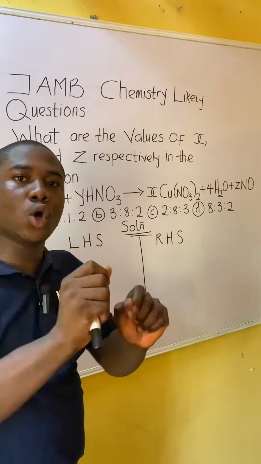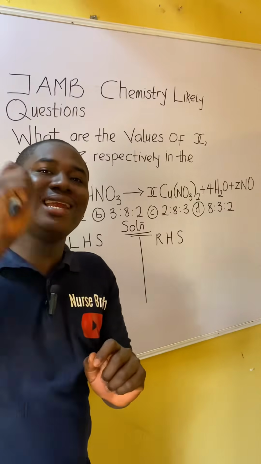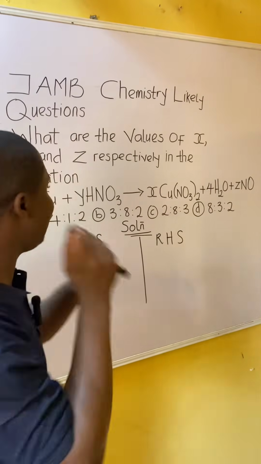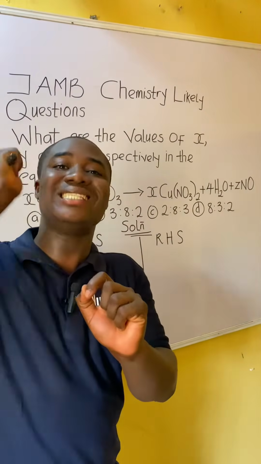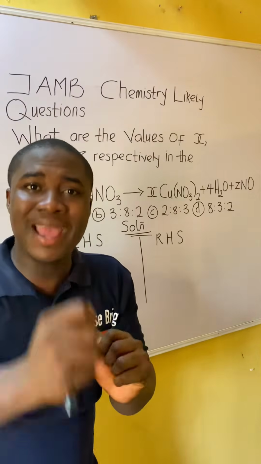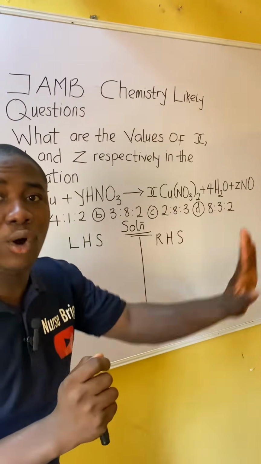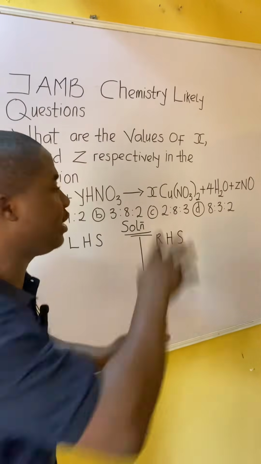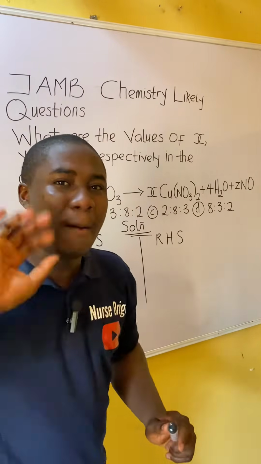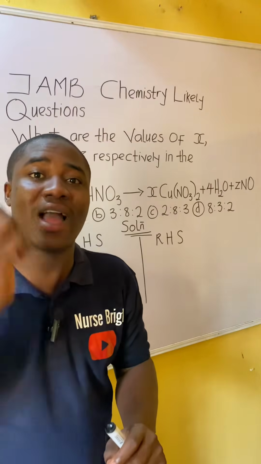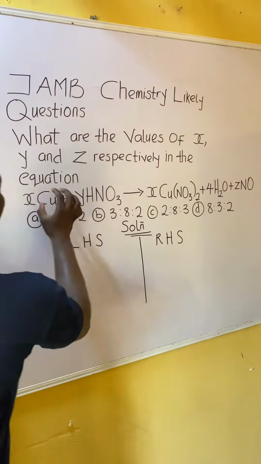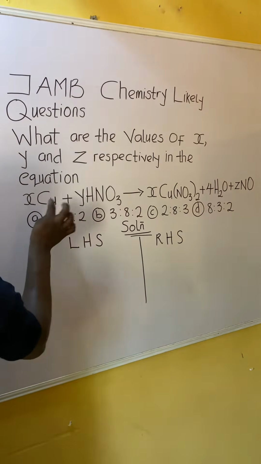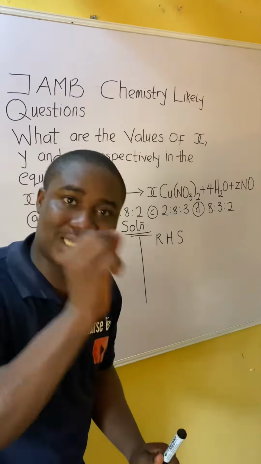Are you there? So moving further, the next step is simply to identify the elements you have on your left-hand side as well as the elements you have on your right-hand side. Please look at what I said: identify elements. So on my left, what is the first element I am seeing?